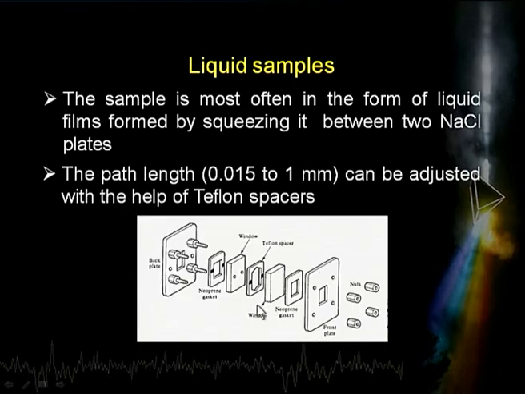We have plates, we put the material here, and then we can use spacers in between to increase the path length. Finally the whole thing is put together with clamps and screws, and that assembly is put into the path of the beam. That is with respect to the liquid samples.